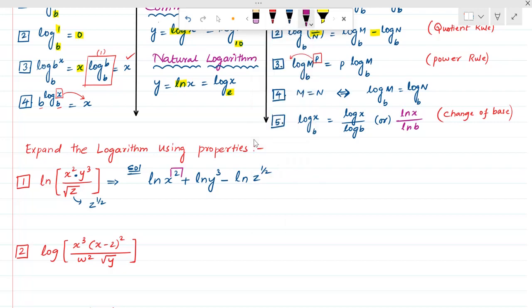What is the power here? 2. I will bring it here as per the power rule, and this half I can bring here. So you will get the answer: 2 times ln x plus 3 times ln y minus half ln z. This is half ln z. So this is the final answer.